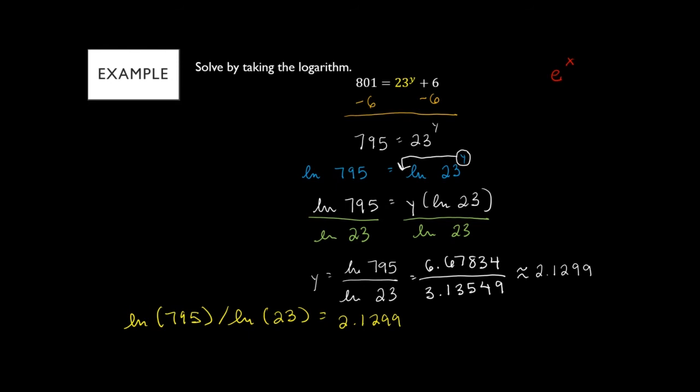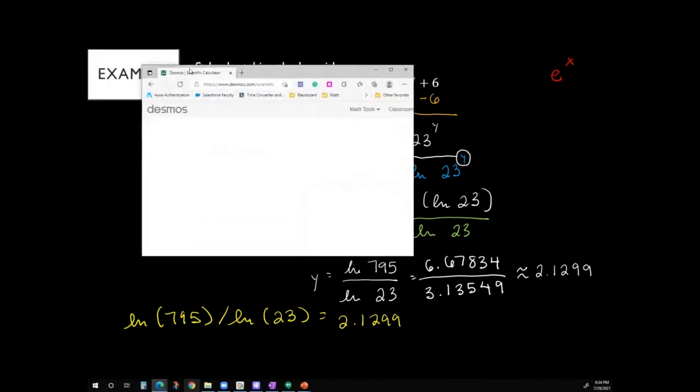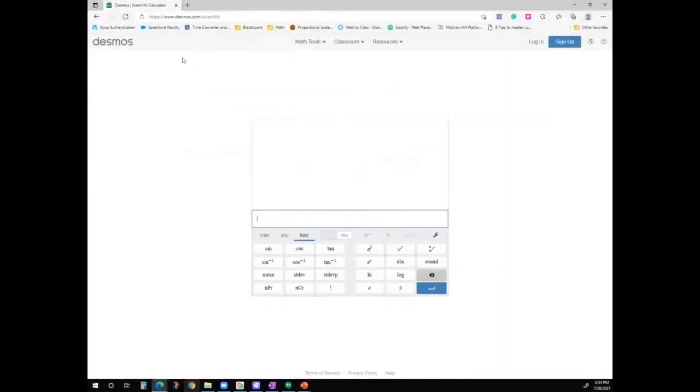Okay. And just in case you're not good at rounding, I'm bringing the Desmos scientific calculator here, and the scientific calculator does have the natural log and the log button, but it also has a round button. So I could do natural log of 795, make sure I close my parenthesis, divided by natural log of 23, and it's rounding to a whole number right now.